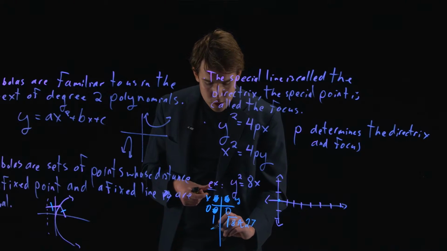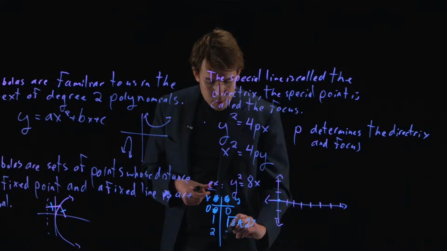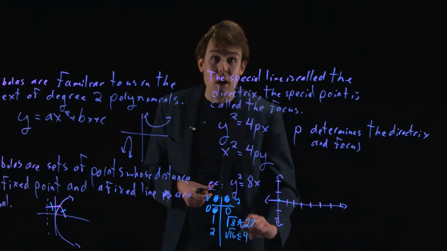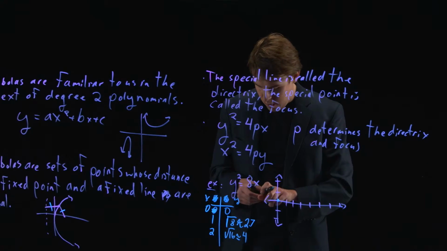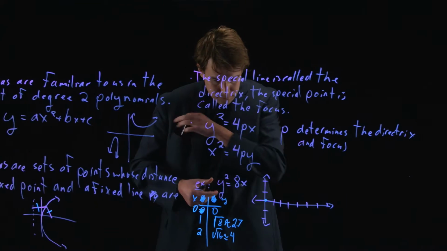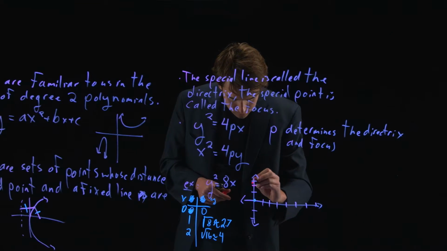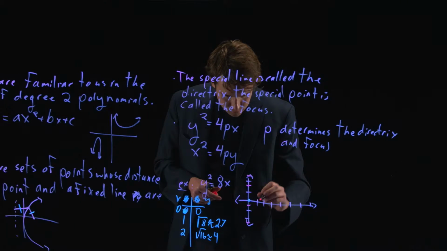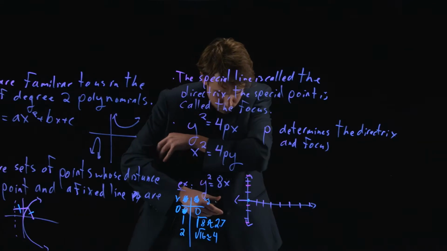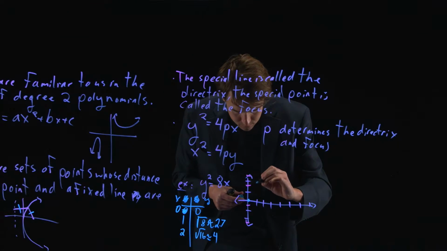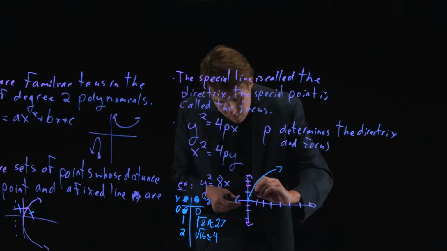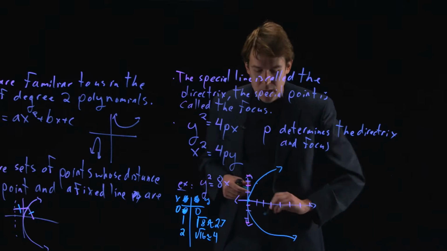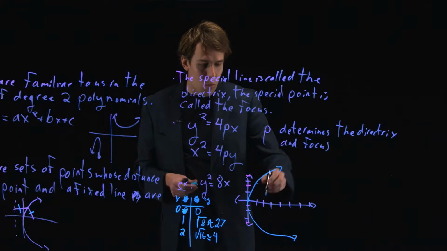When x is equal to 2, y will be equal to the square root of 16, so something like 4. So our picture is maybe something like the following. Something like this.